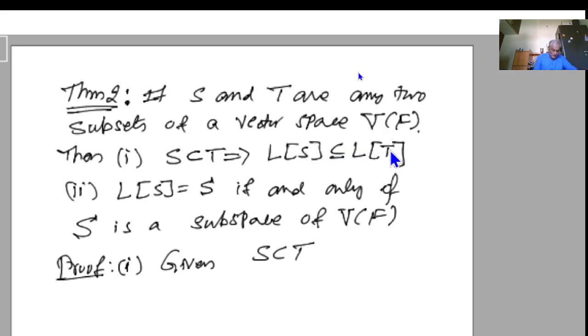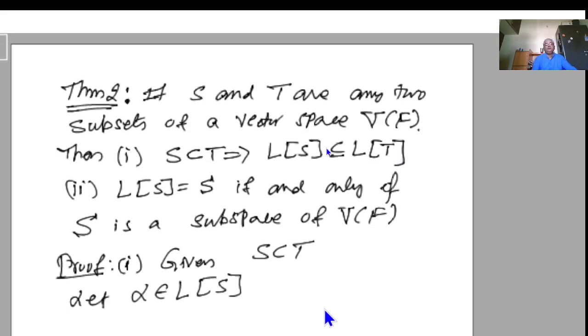So let alpha belong to L of S. And what is this L of S?